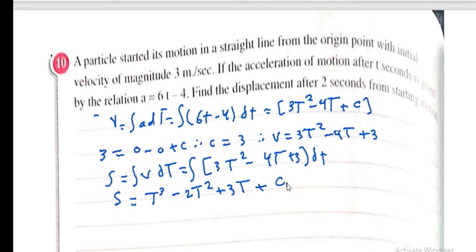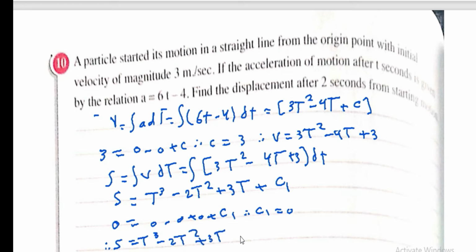In the beginning of motion s is 0 when t is 0, therefore c1 equals 0, therefore s equals t cubed minus 2t squared plus 3t. When t equals 2, 2 cubed is 8, minus 2 times 2 squared is 8, plus 3 times 2 is 6, so the answer will be 6 meter.